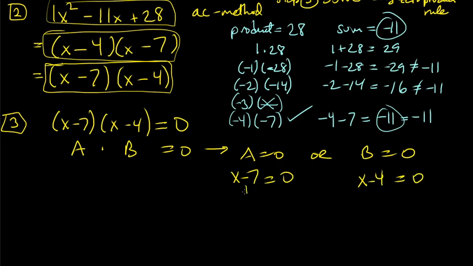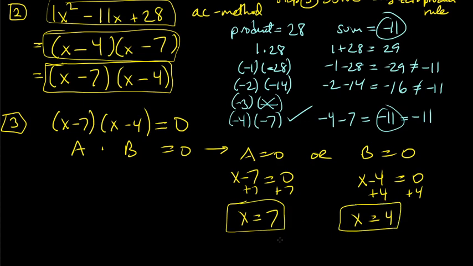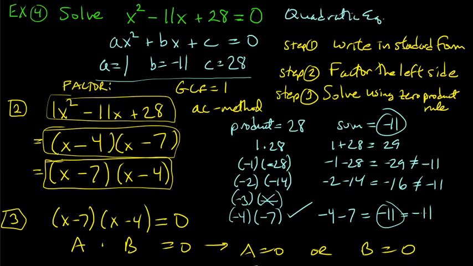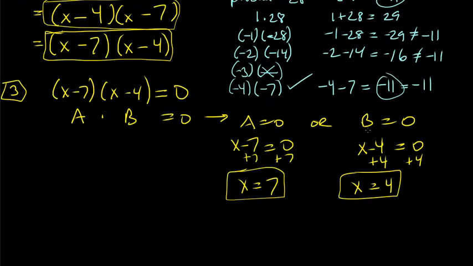So if x minus 7 equals 0, then x is going to be 7. And if x minus 4 equals 0, then x is going to be 4. And we're done. These are the two solutions, 7 and 4. Don't believe me? We can check.